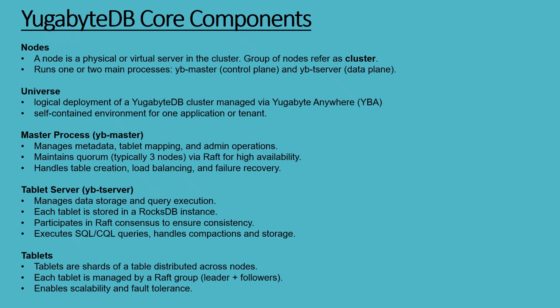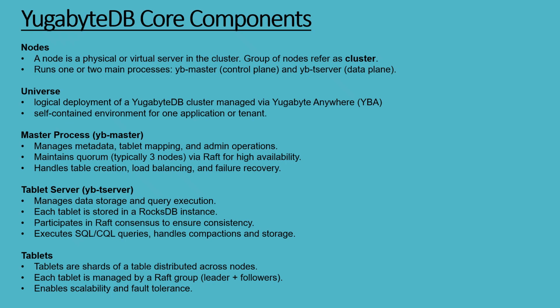Every tablet belongs to a Raft consensus group, typically consisting of 3 replicas. One replica acts as the leader, which handles all write operations for the tablet, and the other replicas for the same tablet are known as followers, ensuring high availability and consistency. As more data is inserted or workload increases, YugabyteDB can automatically split these existing tablets into more tablets to maintain performance.